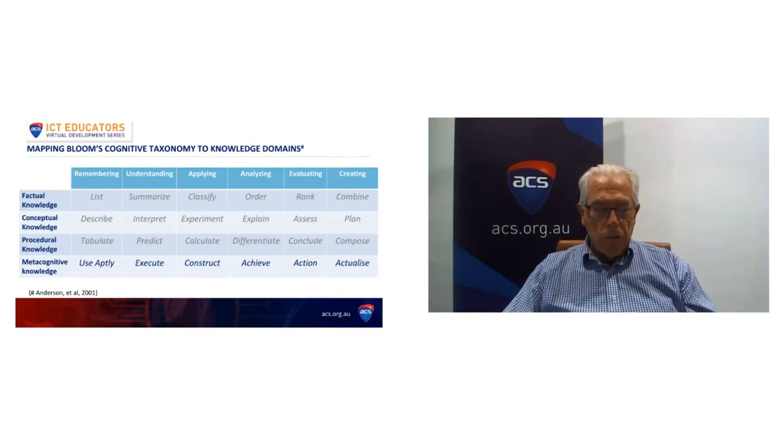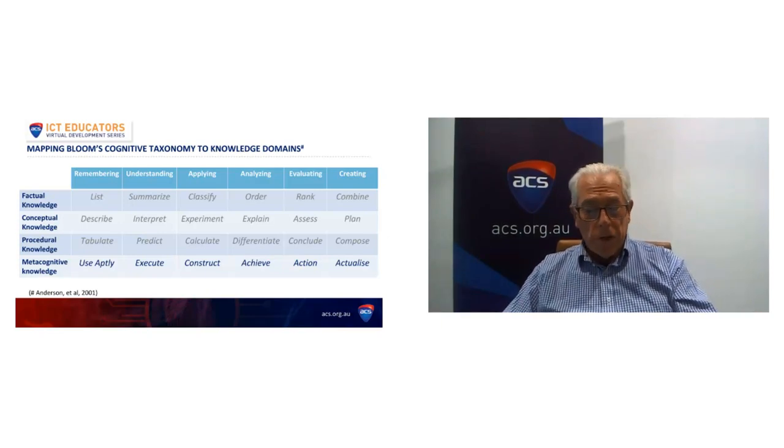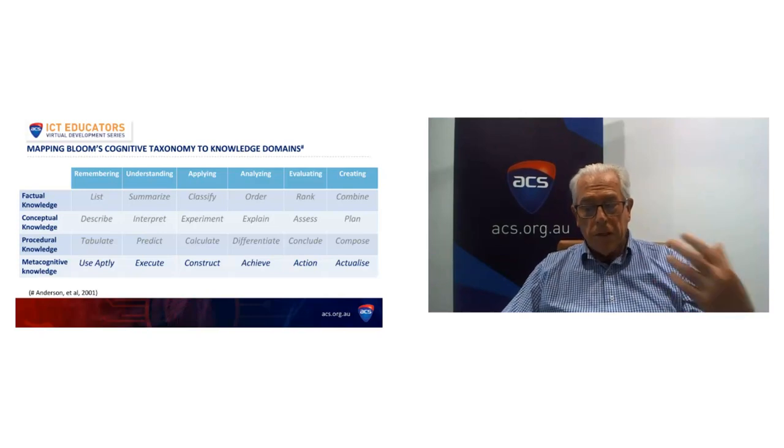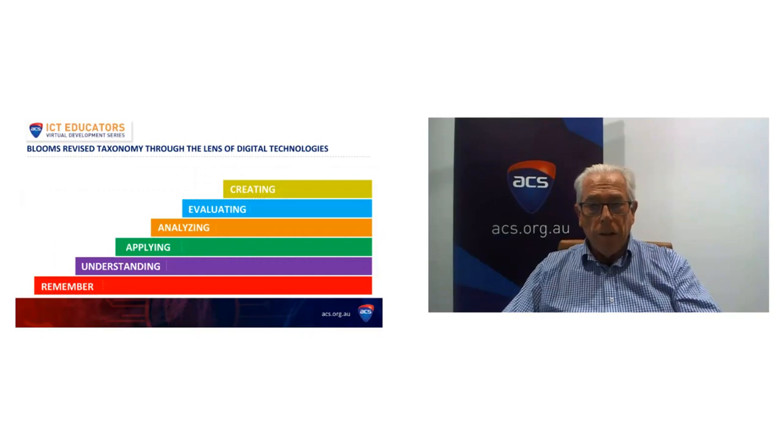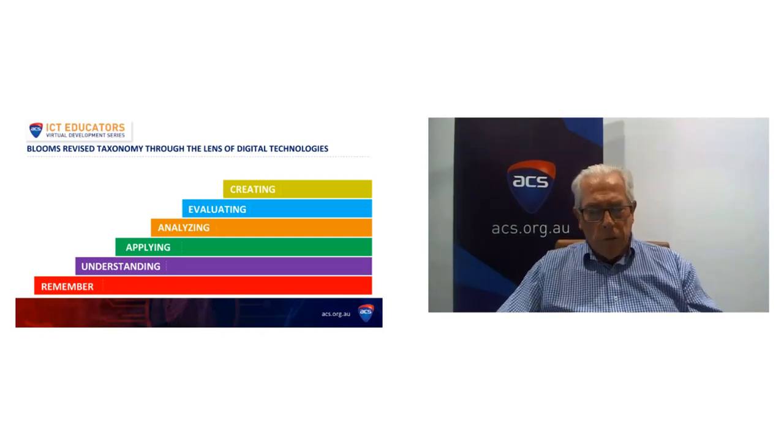We know that. So you might say, for example, Phil's remembering all the elements of Bloom's taxonomy because he can describe them, but he hasn't been able to explain them that well. So he probably needs to do a bit more work on the understanding, applying and analysing of them, if you like.